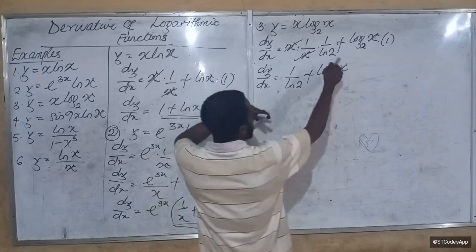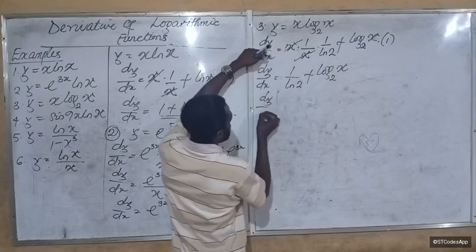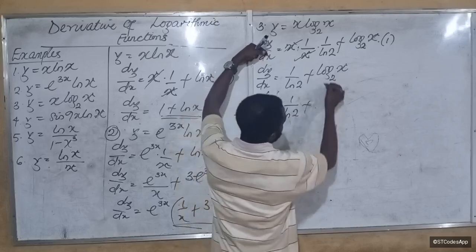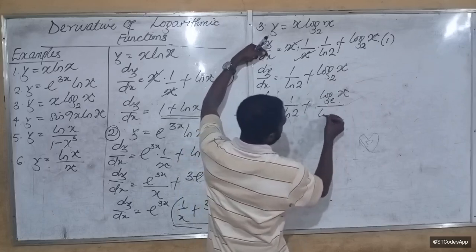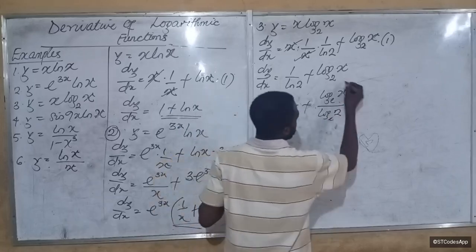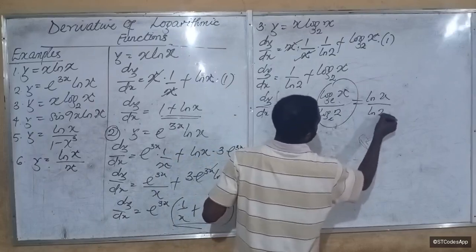Let's make both of them base of exponential so that dy dx equals 1 over ln 2 plus log to base e of x over log to base e of 2. Okay, so this has become ln x over ln 2.